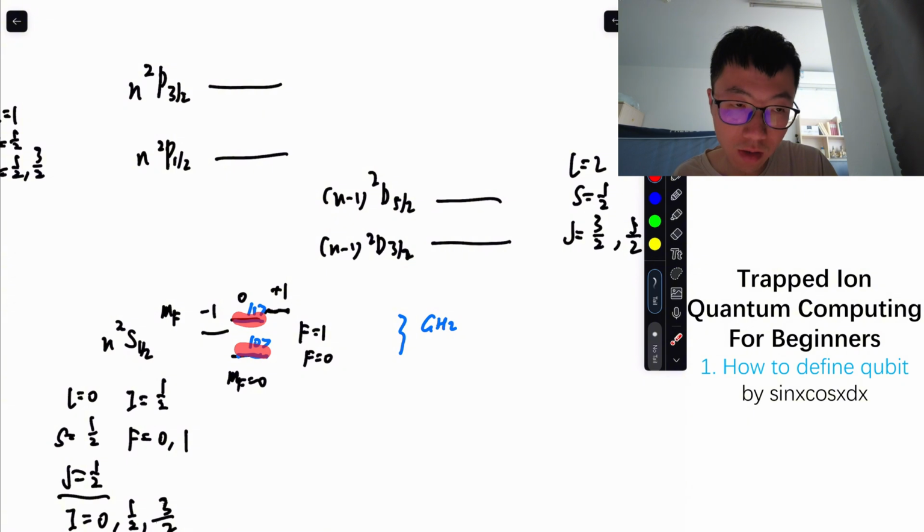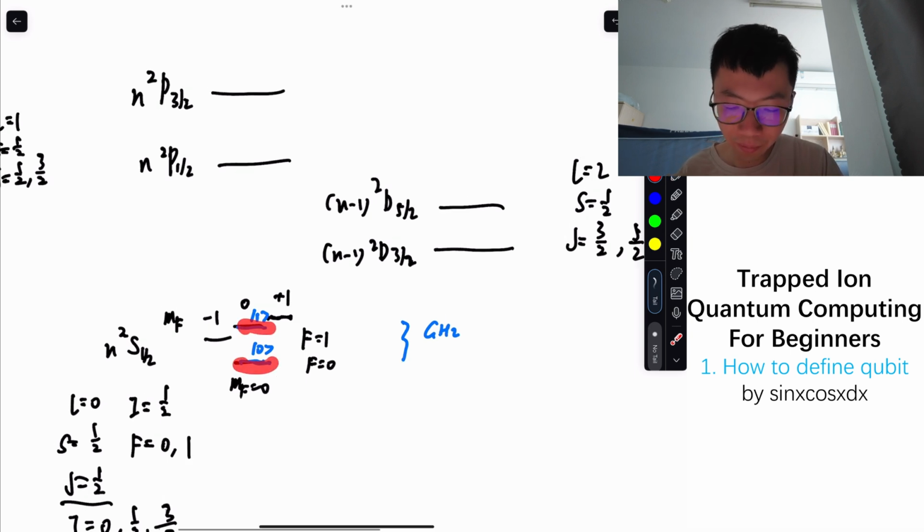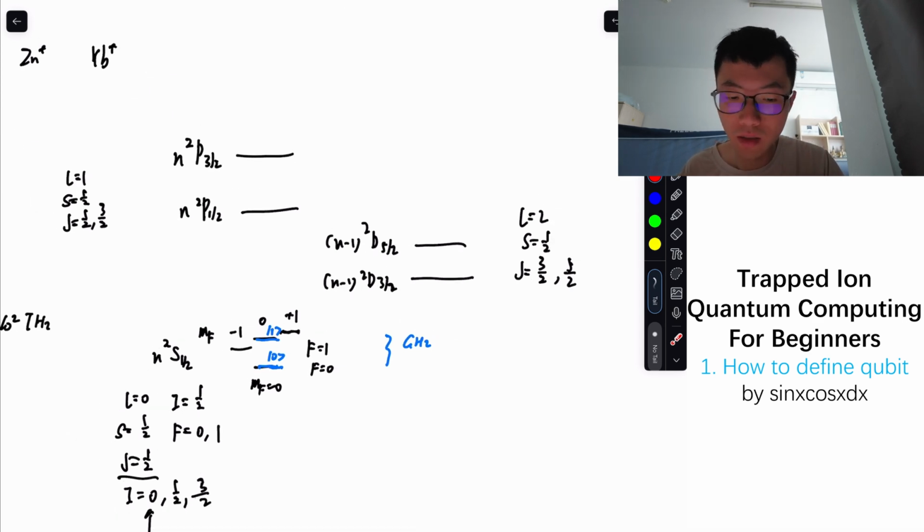But these 2 states are not first order sensitive to the magnetic field. So these 2 states we call clock states, because in the atomic clock people use these 2 states. Okay. So we successfully define these 2 states as qubits.